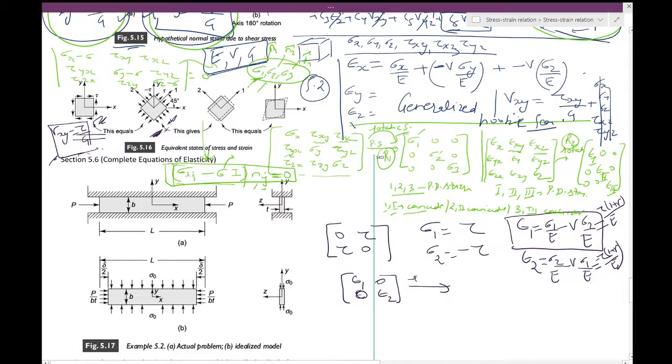You must now rotate by 45 degrees to find the gamma xy. If you can go back to chapter 4, there is an expression of how to rotate from one coordinate system to the other. So think of 1, 2 as your present coordinate system, and then you want to rotate to a new coordinate system. So you would have epsilon x, epsilon y and gamma xy.